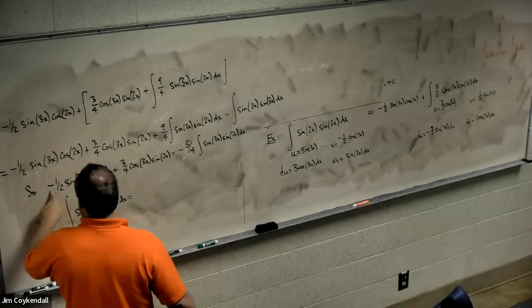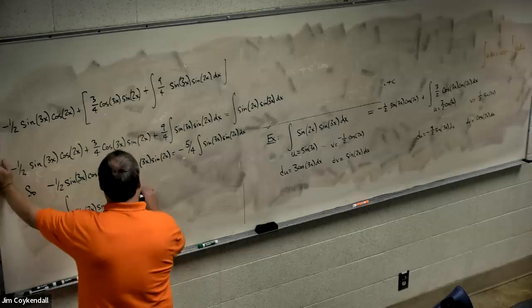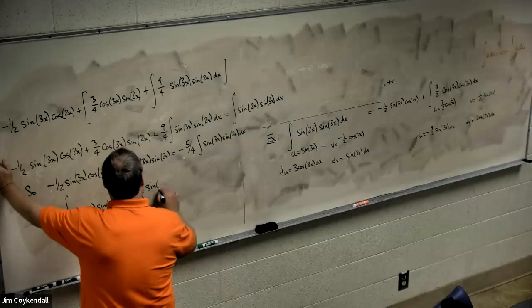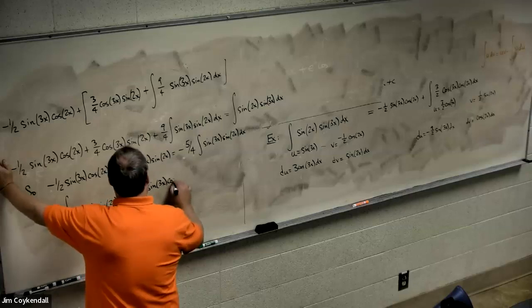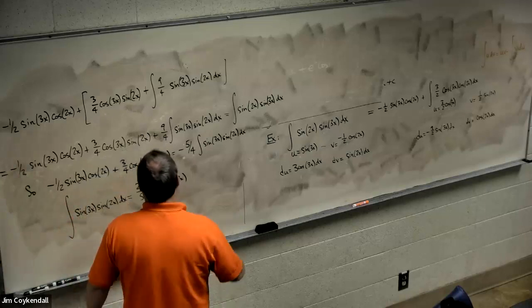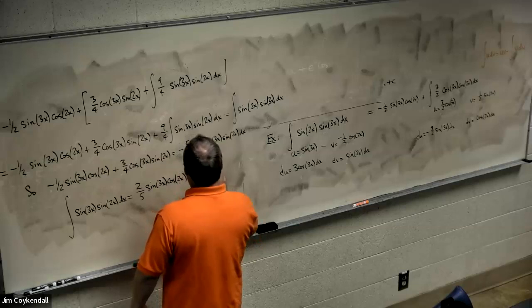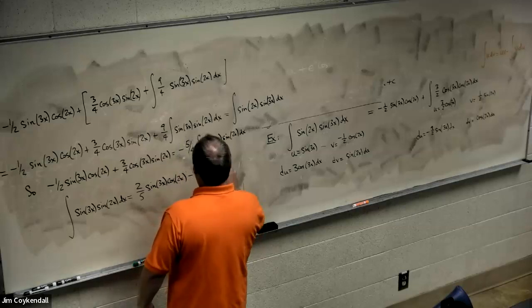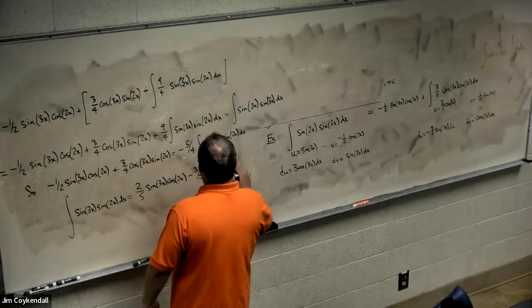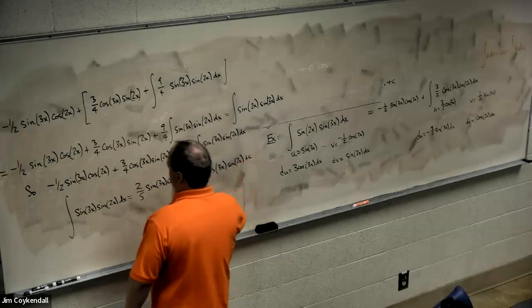So -4/5 times this is going to be positive 2/5 sine 3x cosine 2x. -4/5 times this is minus 3/5 cosine 3x sine 2x plus.